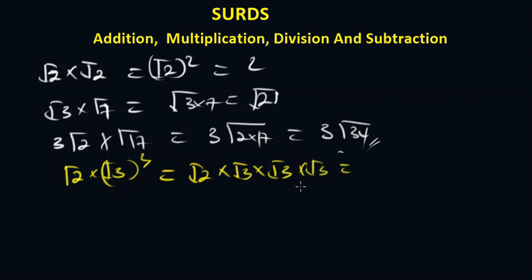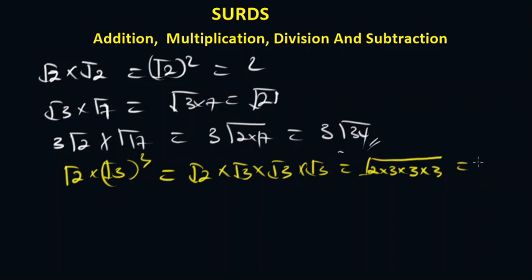And the rule says that if you're multiplying, you just put everything under the root and multiply all of them together. So we'll have a big root on top of all this. So 2 times 3 times 3 times 3. This will give us, what actually? So this and this will give us 9.